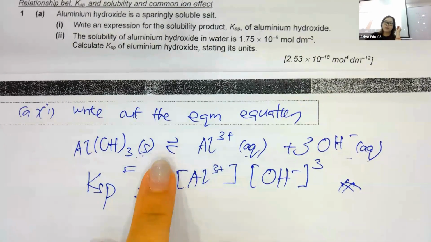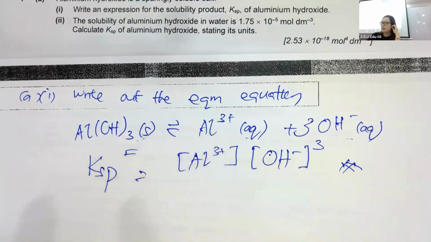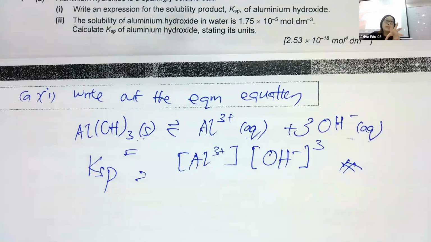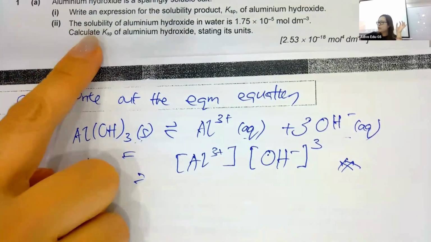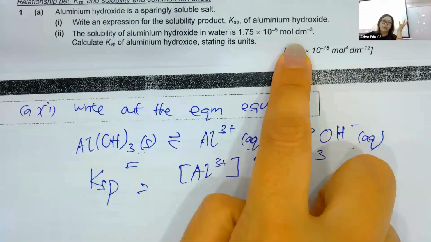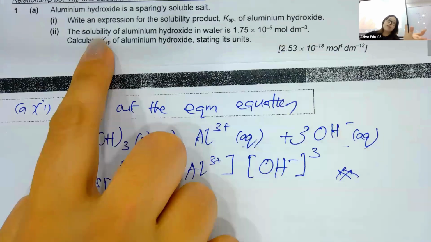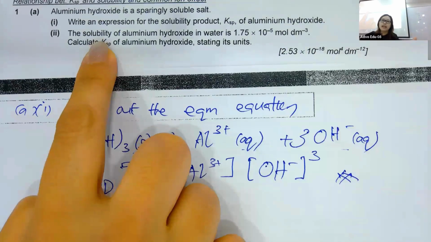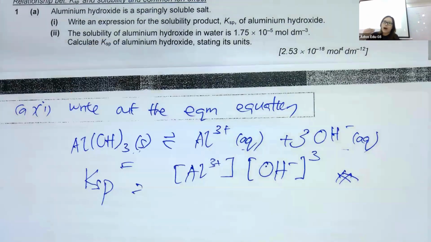Part 2. They give you the solubility. Whenever you see this word, it represents concentration. Look at the units, you can tell already: mole per dm cube. So I rephrase: the concentration of the salt in water is 1.75 times 10 to the power minus 5. Calculate KSP.